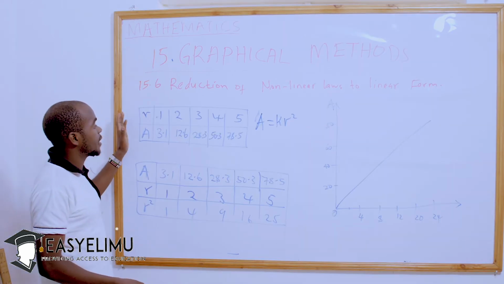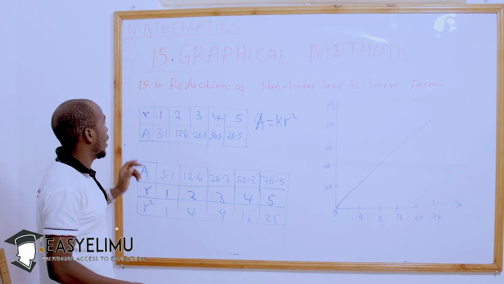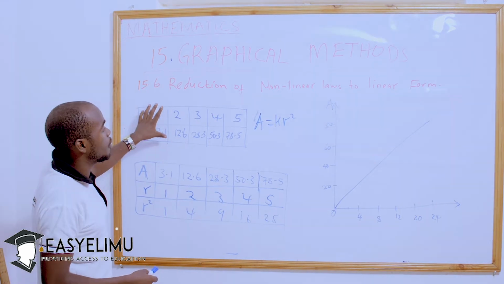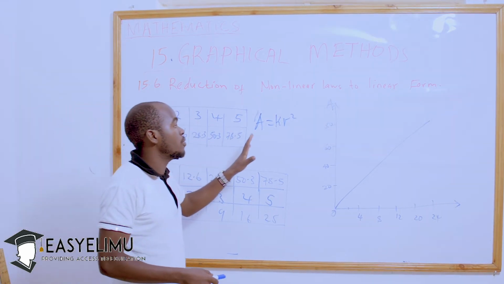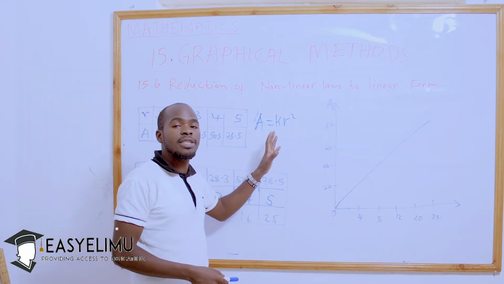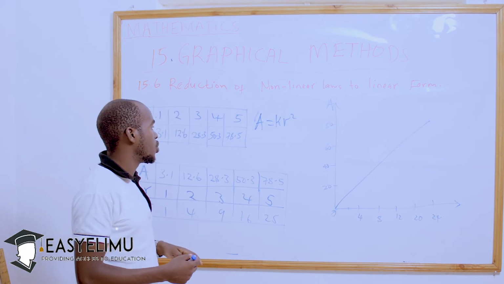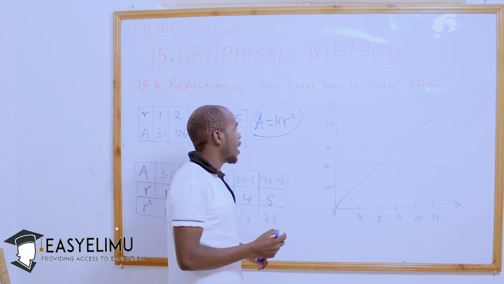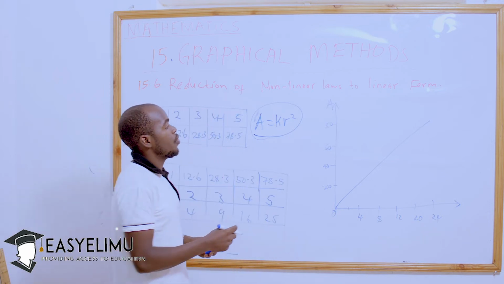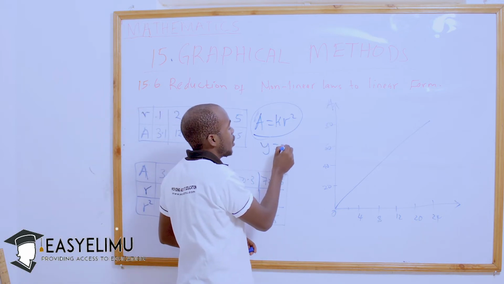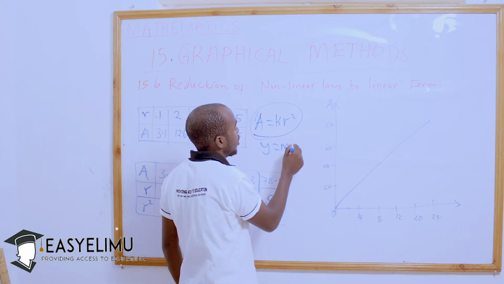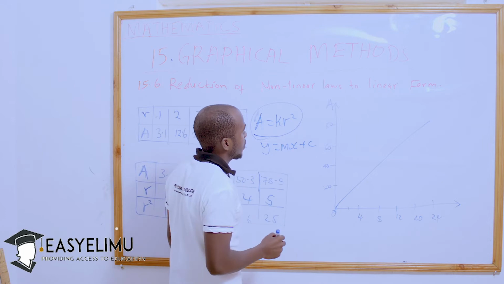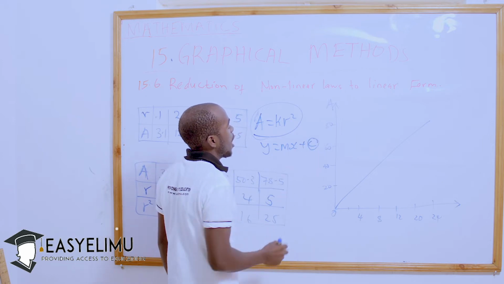Now we have been given a table where we have R and A, and the relation is suspected to be A equals KR squared. So we need to plot that graph, where it resembles y equals mx plus c, but here c will be absent.